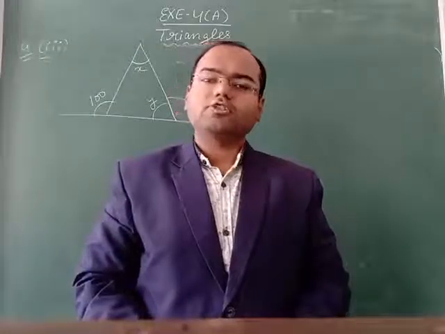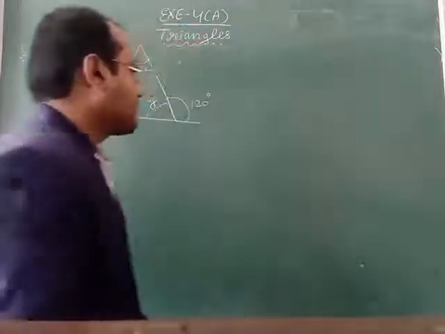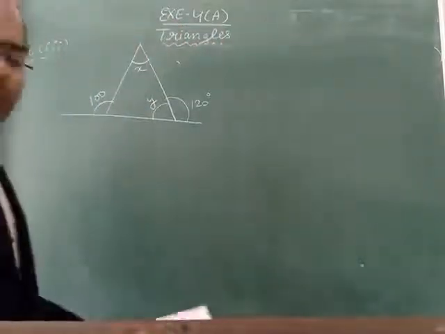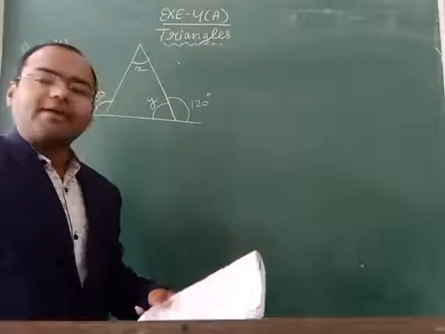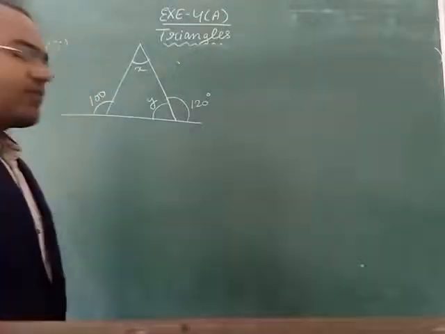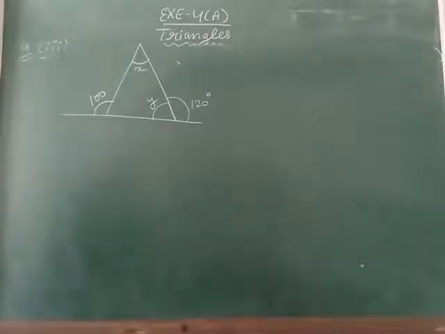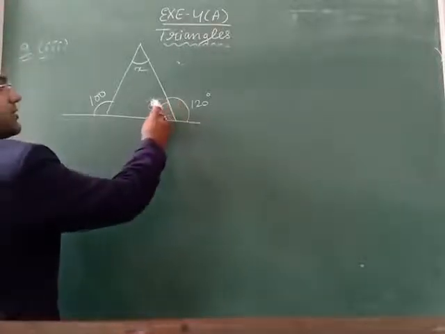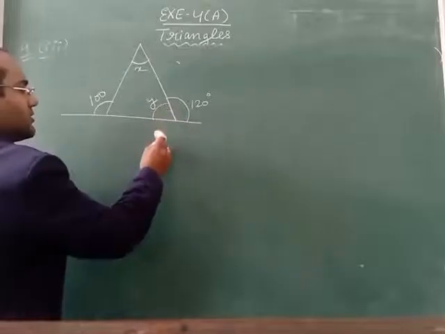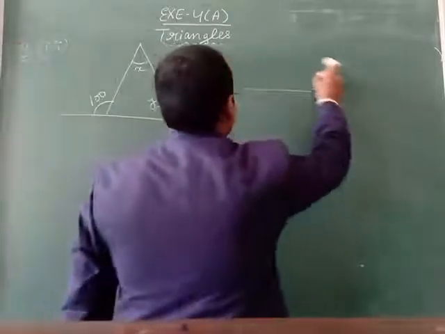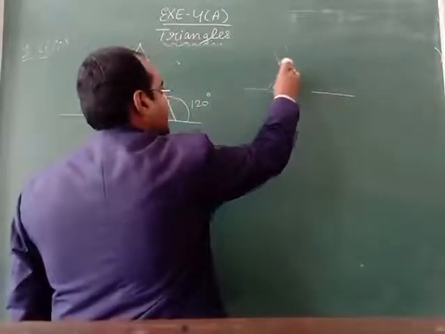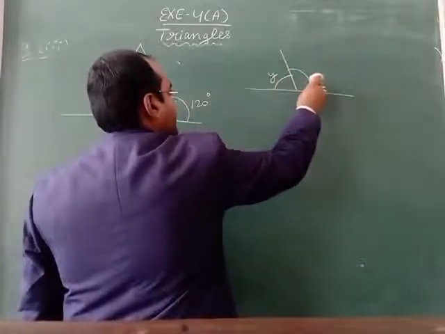Now all of you see question number 9, third part. This is a figure given in the question. And the heading is we have to find x and y. The x and y values we have to find. So first of all, we will solve this much part. This is the linear pair shape. Linear pair means here it is written y and here it is 120.